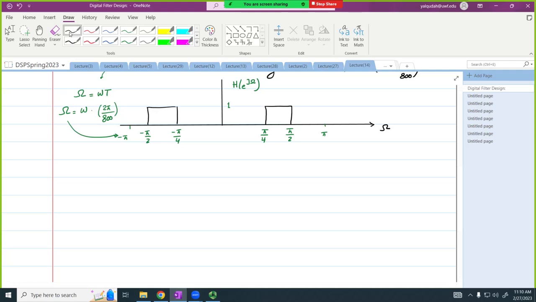So if I use an ideal filter, I can implement this with h of n equal to sine of pi over 2 multiplied by n, over pi multiplied by n, minus sine of pi over 4 multiplied by n, over pi multiplied by n.